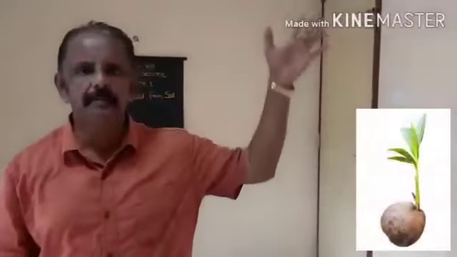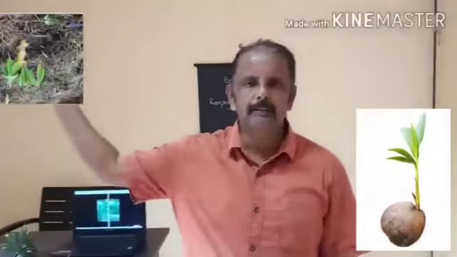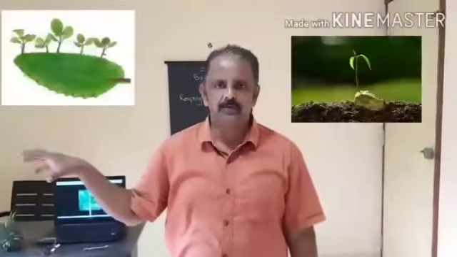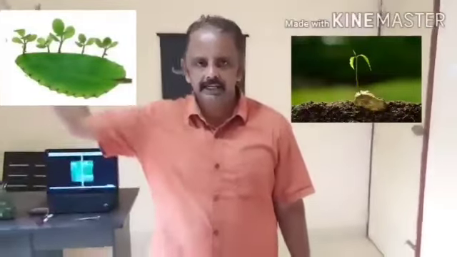One is, look here, the seed is germinating, and in these plants, other parts are germinating, stem, root or leaf. Other parts of the plant are germinating in all these plants. But in these plants, the seed is germinating.